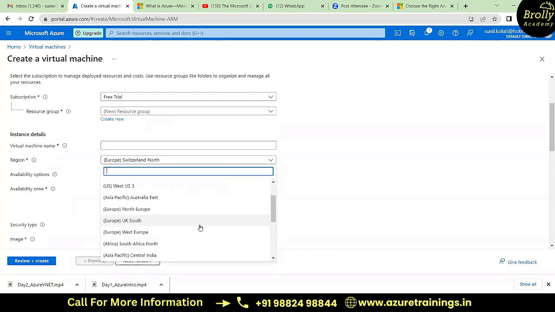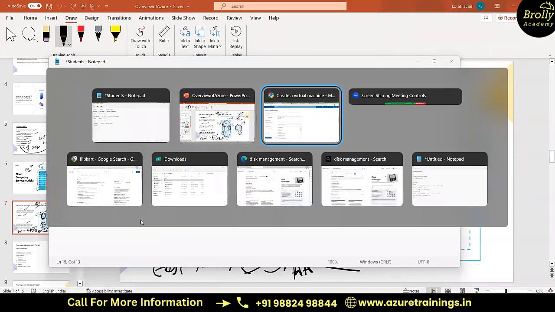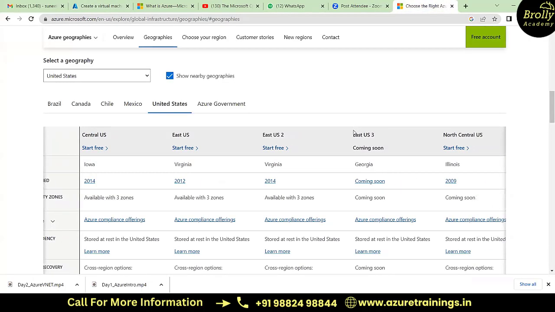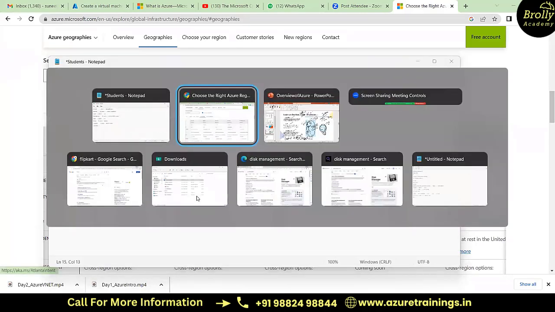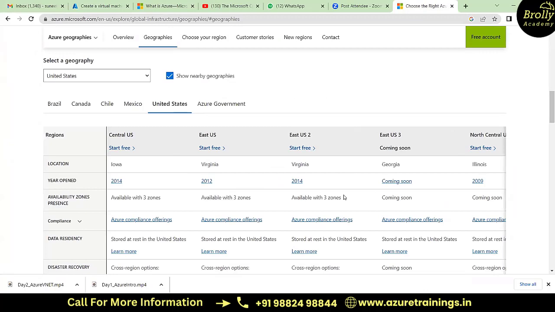While creating, it will show all the locations. See here, it is not showing East US 3, right? Because we don't have that location, that is the reason it is not showing.